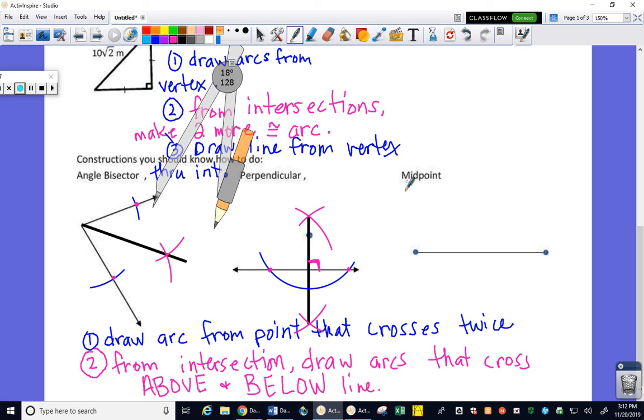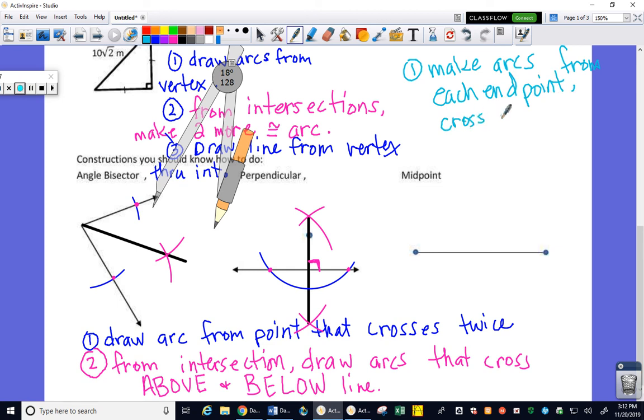And the last one is our midpoints. From your segment, you make arcs from both of your endpoints. That's basically all we're doing, making congruent arcs. Make arcs from each endpoint. They need to cross above and below, just like your perpendicular did.